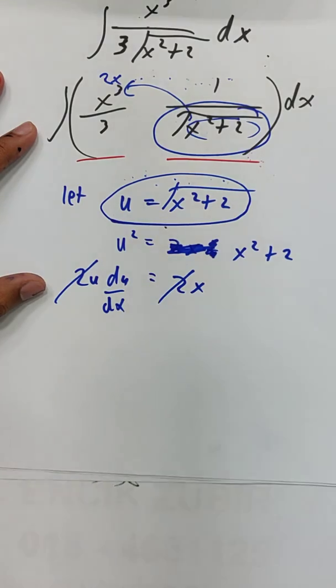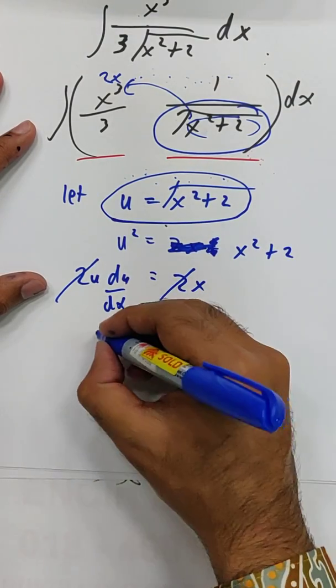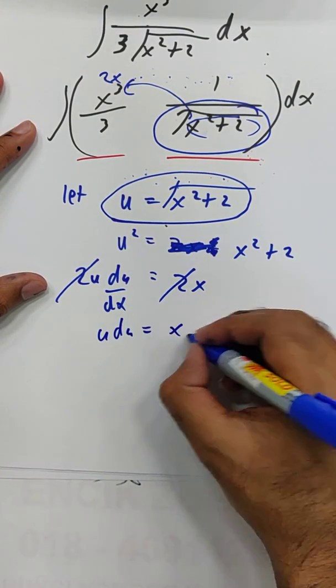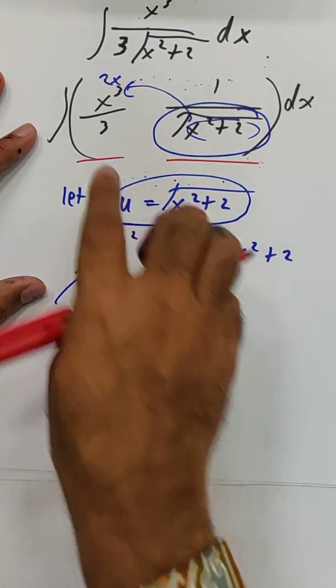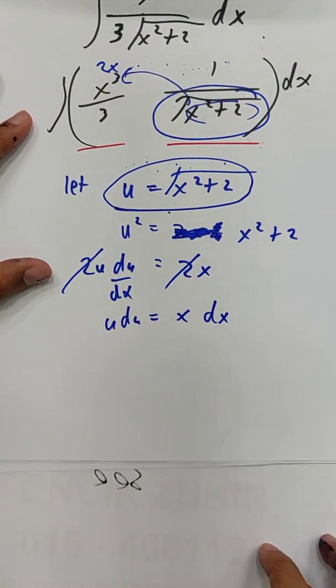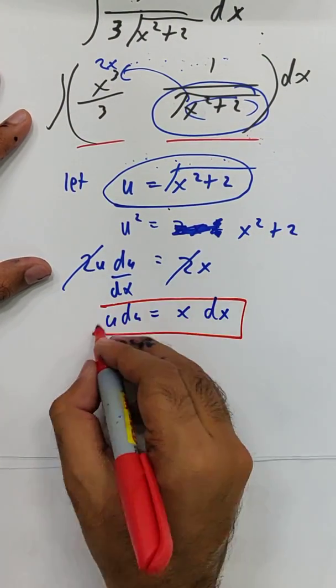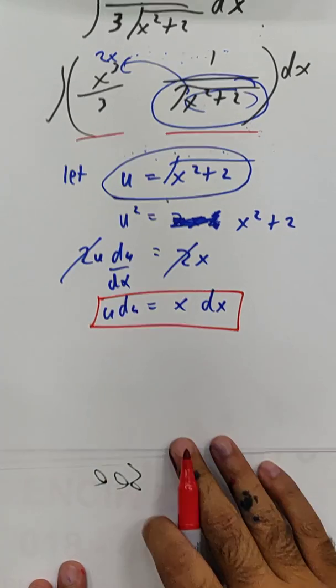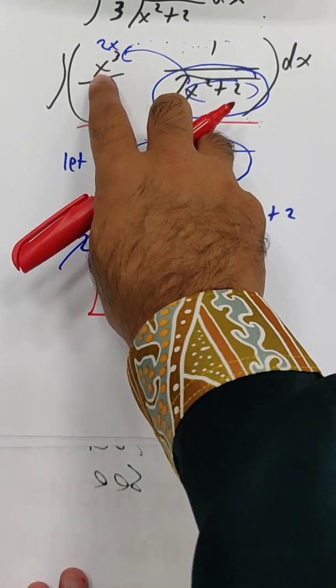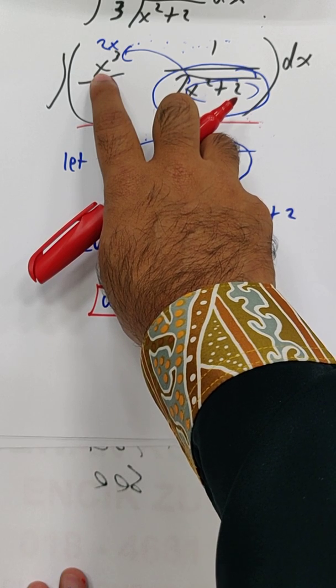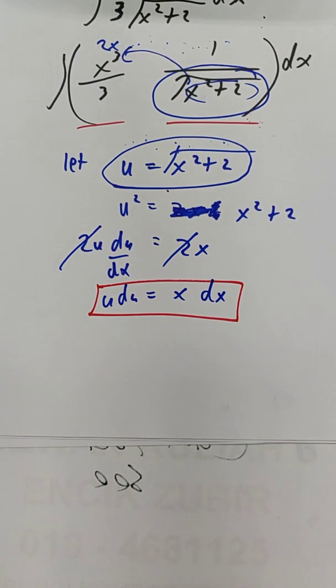Now if we go further with this bit, u du equals x dx, can I find my x dx? Sort of. This one is x cubed. Let's do a bit.